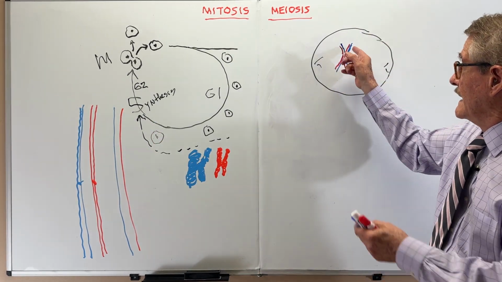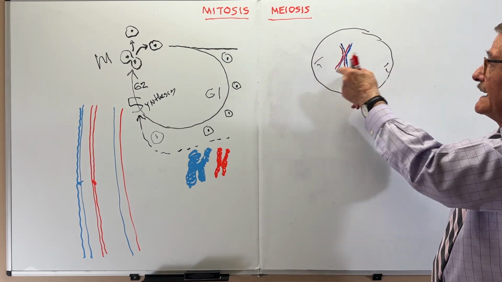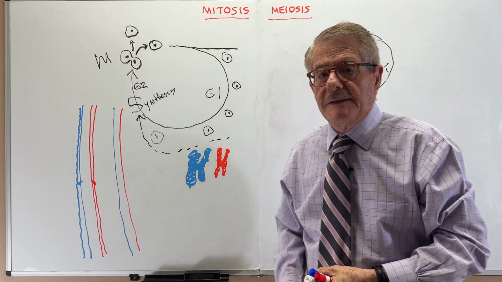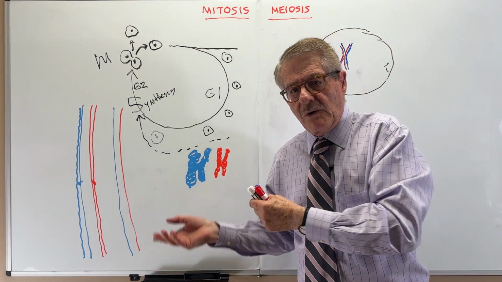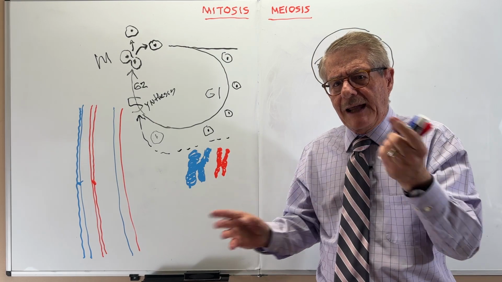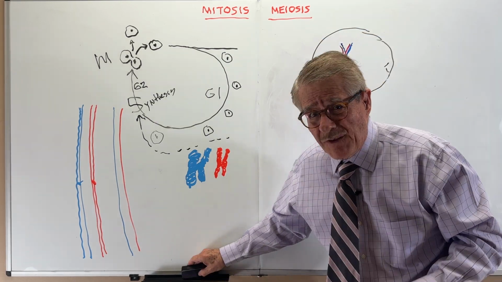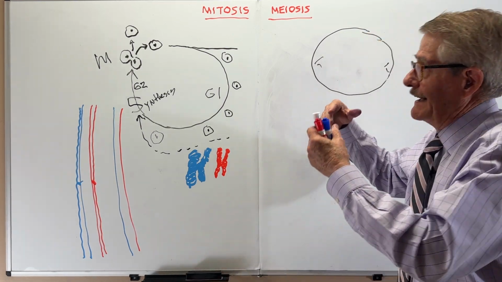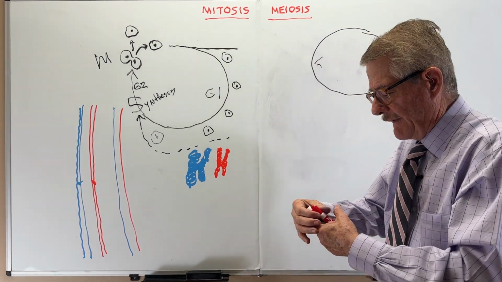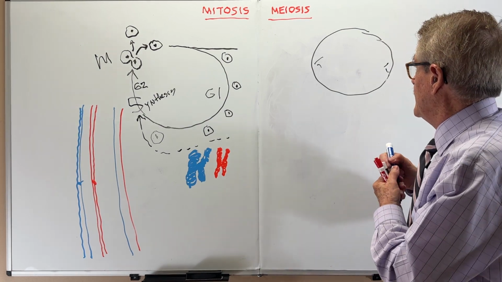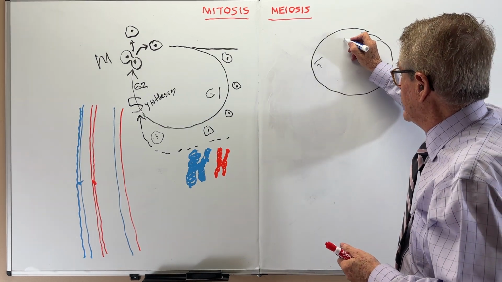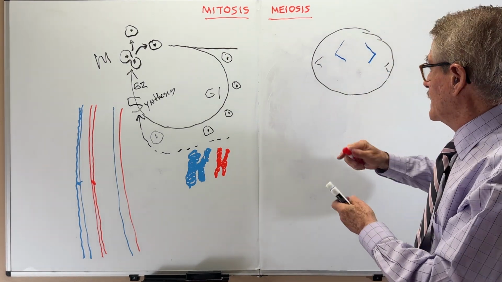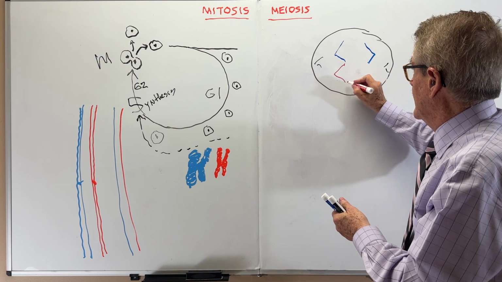In other words, there is going to be an exchange of genetic material between these chromosomes, from the paternal to the maternal and vice versa, at different places. So at the end of the first meiotic division, in the anaphase of the first meiotic division, you have paternal chromosomes going in different directions, and let's say maternal chromosomes going in the opposite direction.